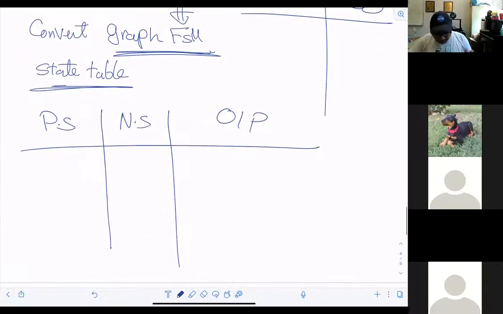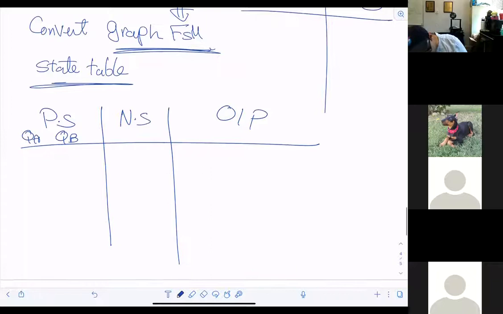Perfect. Now I'm going to write here QA, QB. This is the present state. I need the next state, and the next state is based on the input.